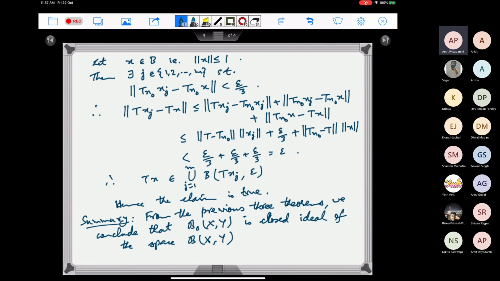If you talk about an ideal in a ring, there is no scalar multiplication there. It's only that under addition it is a subgroup, and it is closed under multiplication by ring elements. But here we are saying ideal of this algebra. Okay. So the word ideal in an algebra will also encompass the subspace condition. Right, vector subspace also. Okay.